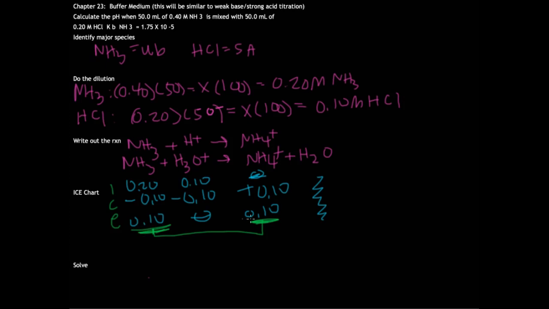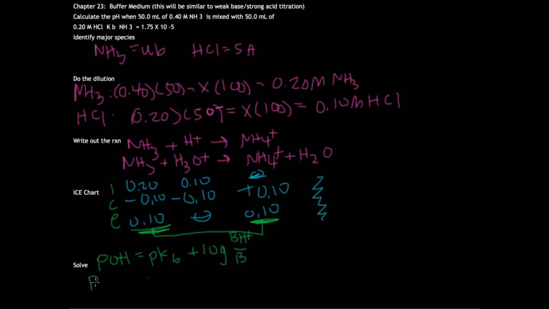I recognize this as a buffer, a weak substance with its conjugate. So I'm going to do it as pOH because this is a base: pOH equals pKb plus the log, weak base on the bottom, conjugate on top.